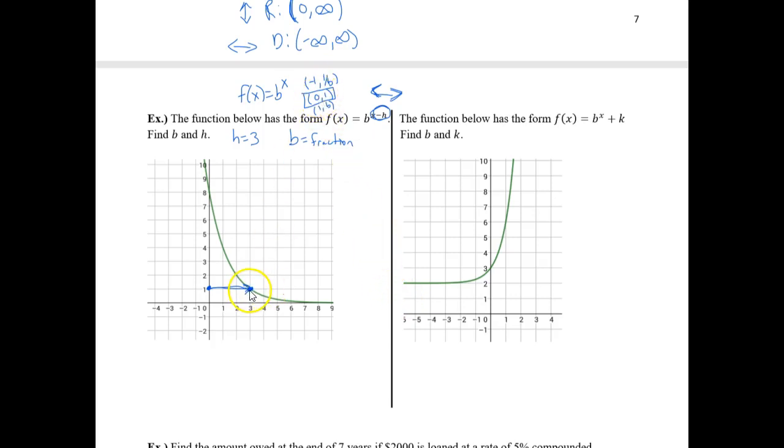So here's the 0, 1 as it's shifted to the right. So if we go back 1, this is the point that would be -1, 1 over b, right? Because it would be shifted back 3 to this original point, and there's the -1. So we can figure out what the denominator of our fraction is going to be using this value.